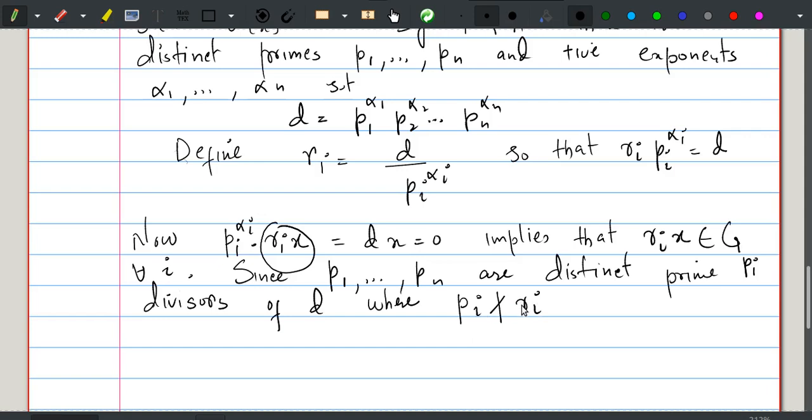Similarly, p2 cannot divide r2, p3 cannot divide r3, and so on.